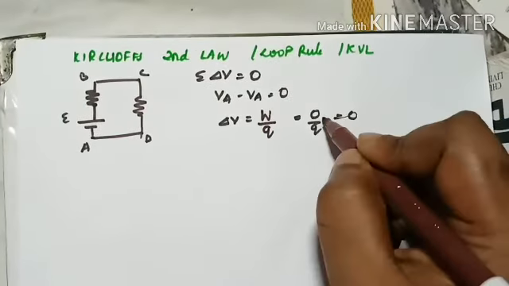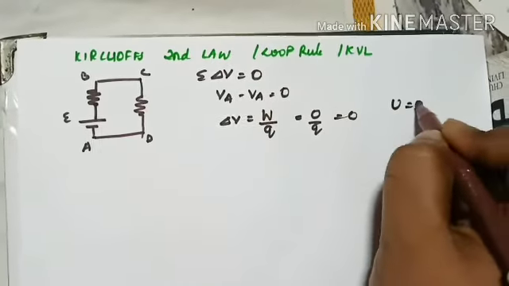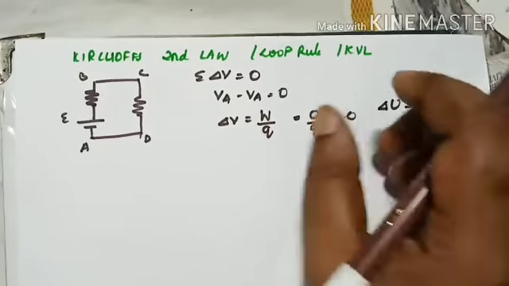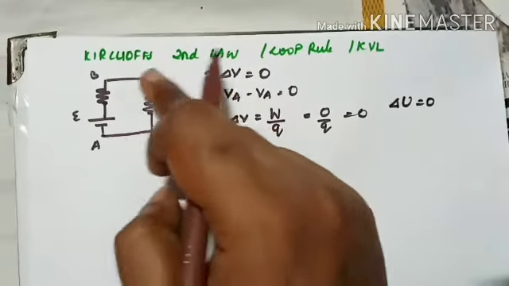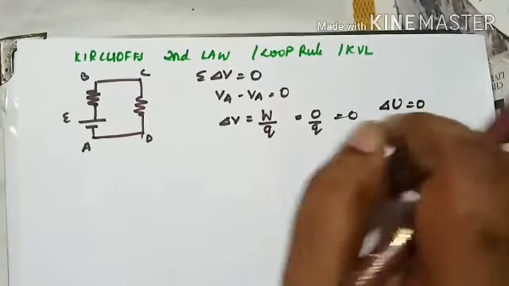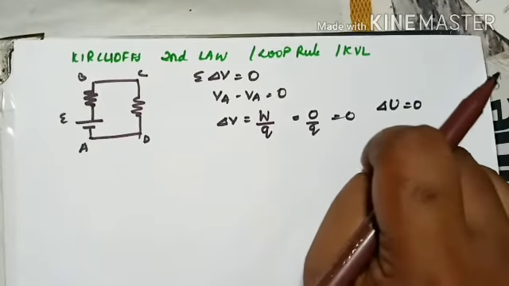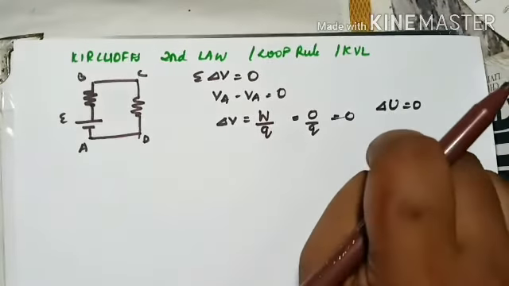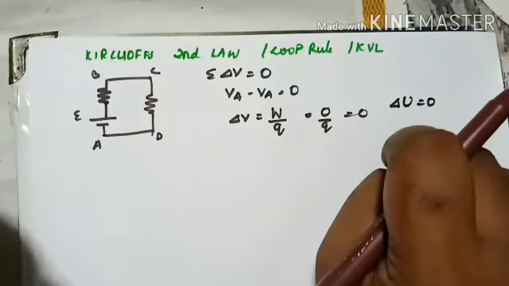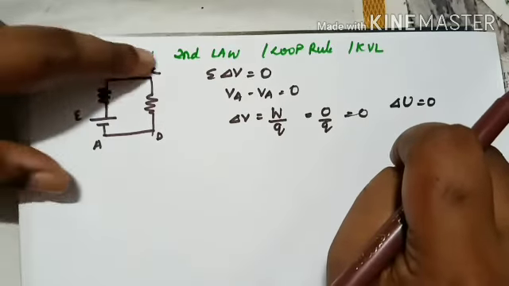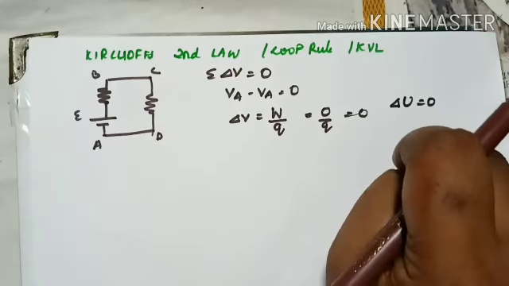If work is 0, then the change in energy is also 0. That means there is no change in energy when a loop is considered. When energy is not changing, I can say energy is conserved. So the potential difference inside a loop is 0. This much clear?